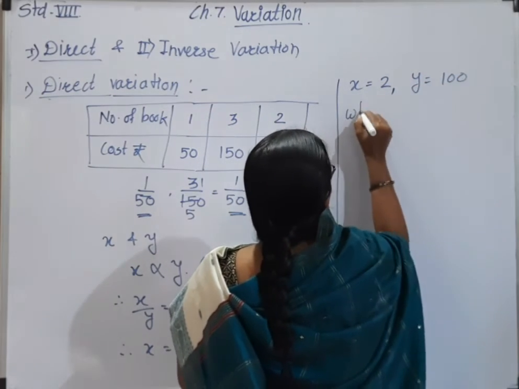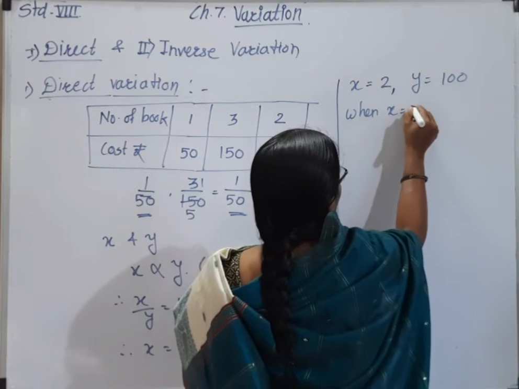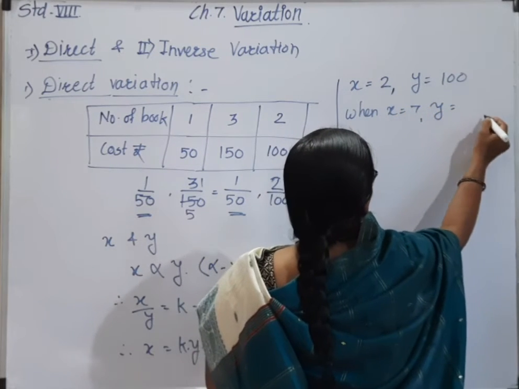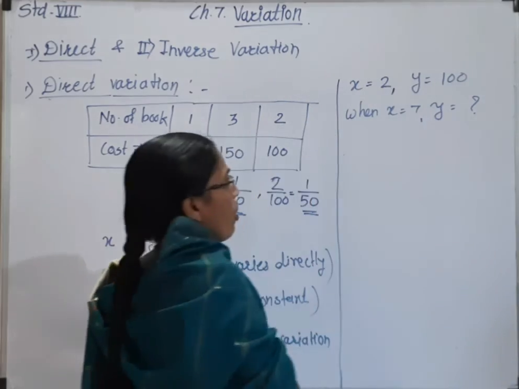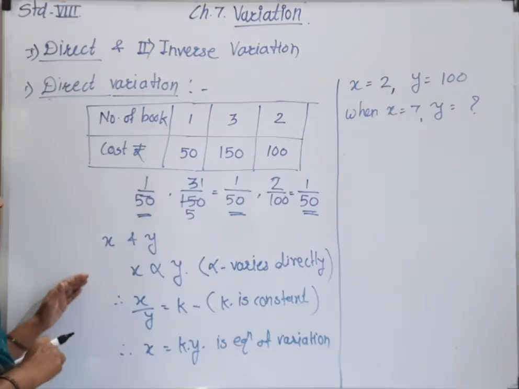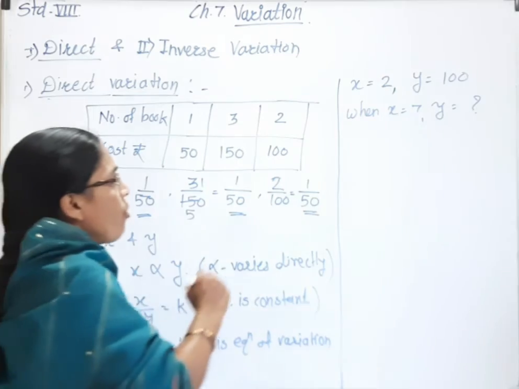When x is equal to 7, then y is equal to question mark. We don't know this, so we have to find it. Using direct variation, we can find the value of y.